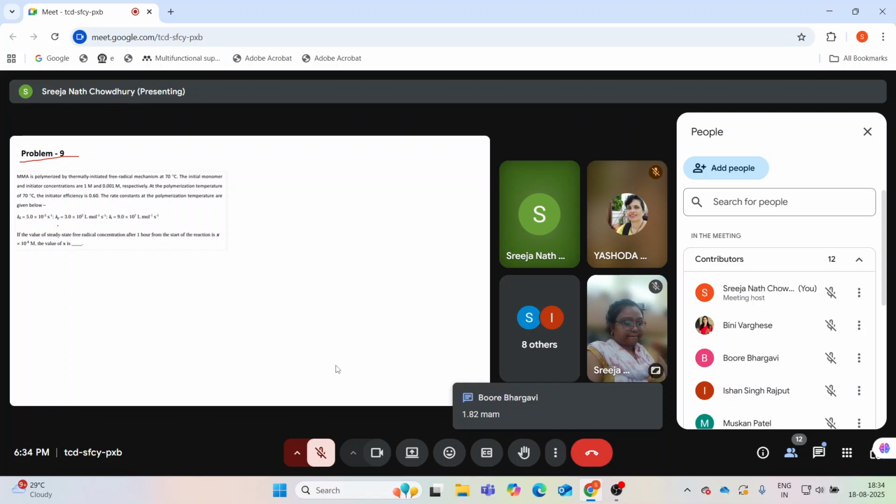Here I have put the value It is equal to I0.